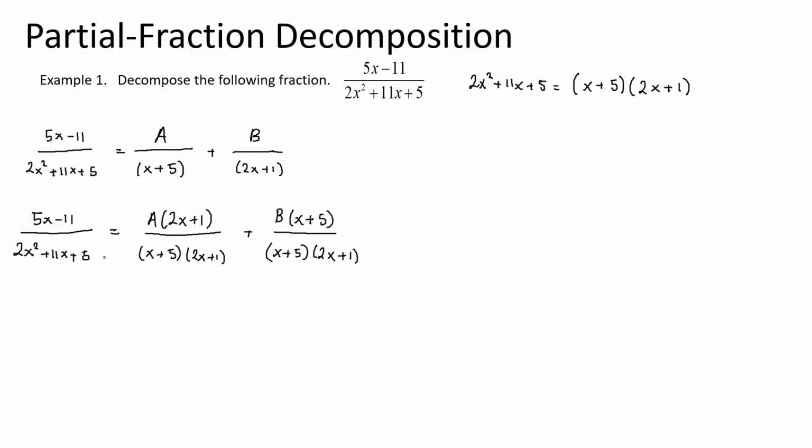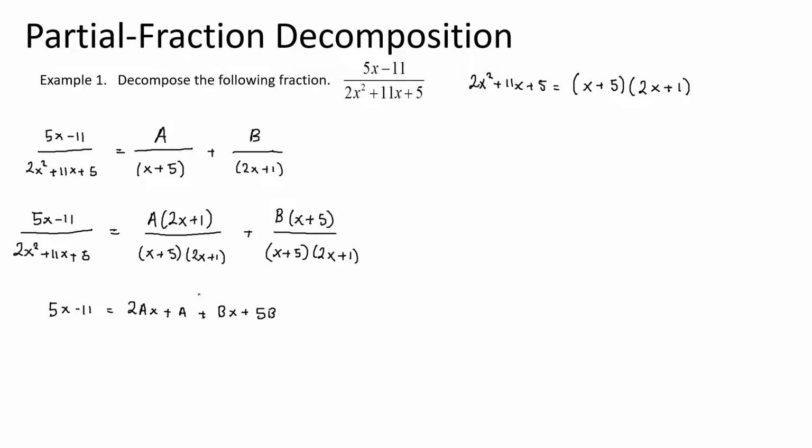So now we have all three of these fractions with the same denominator. As long as your two numerators add up to 5x minus 11, we'll have our answer. So we could say 5x minus 11 is equal to 2Ax plus 1A plus Bx plus 5B.